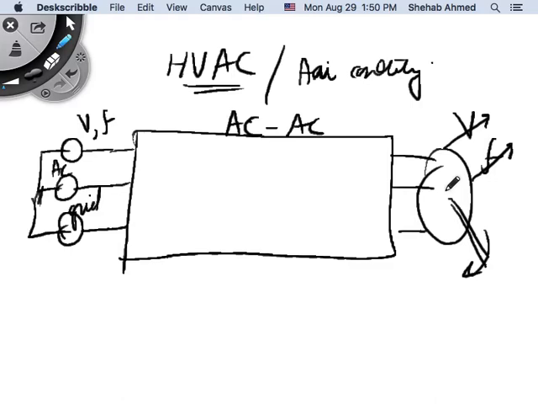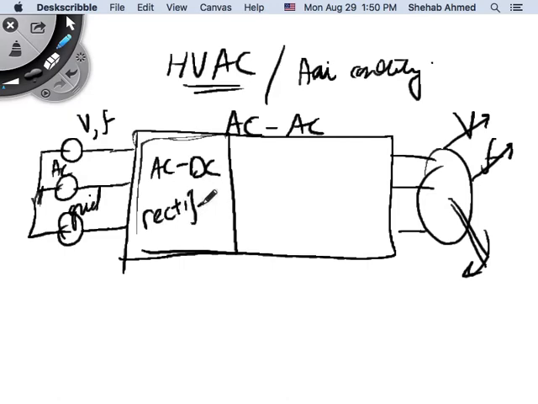They're not commercially viable. So the workhorse in such an application is actually to take this AC and convert it to DC. So you use a rectifier here. So we convert AC to DC using a rectifier, and this is going to be producing a DC voltage.